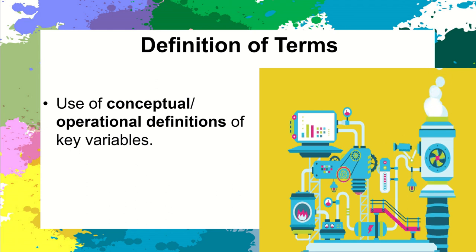For the conceptual definition, you give the definition of depression, anxiety, and stress based on the literature you read, and again, you can cite the author who explained those concepts.